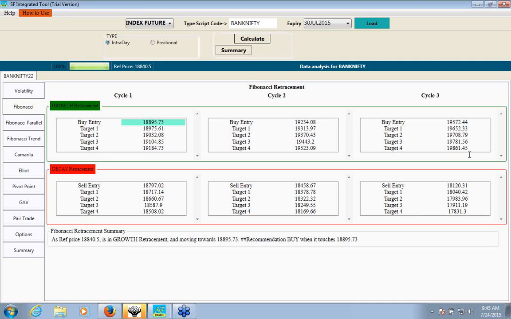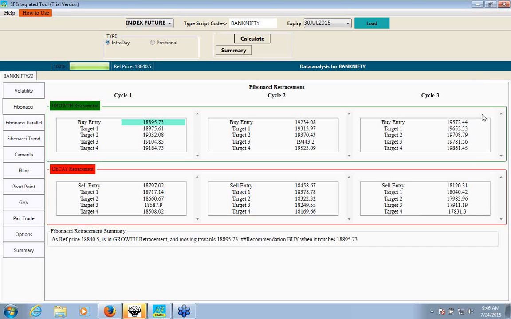On a gross basis, you will be deriving out of 100 studies how many studies are recommending me to buy, how many studies are neutral, not giving me anything whether to buy or sell, and how many studies are telling me to sell.